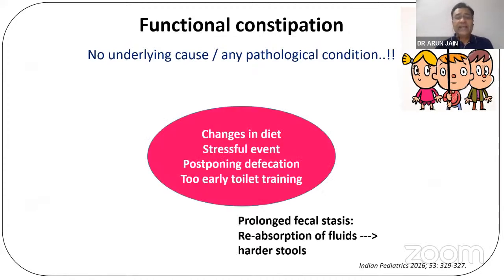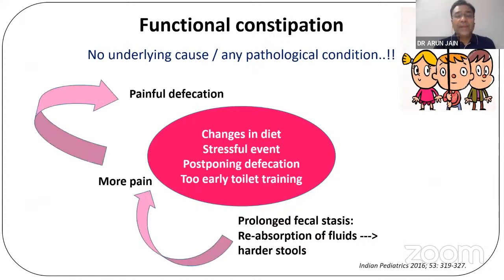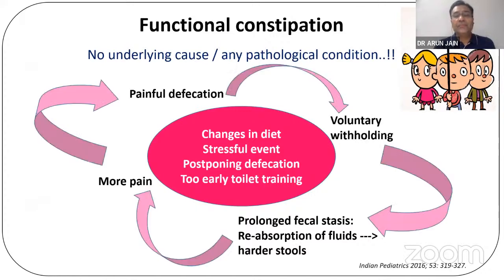Changes in the diet, stressful events, postponing of defecation, too early toilet training. So what happens? It causes prolonged fecal stasis, reabsorption of fluid, harder stool, more painful defecation, and voluntary withholding. So it's a vicious cycle which is taking place nowadays, leading to functional constipation in children.